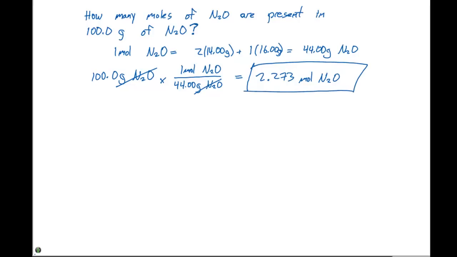Keeping in mind the rules for significant figures, we have 4 significant figures. We do the multiplication. Everything in here has 4 significant figures as well. So 100 grams of N2O is going to be 2.273 moles.